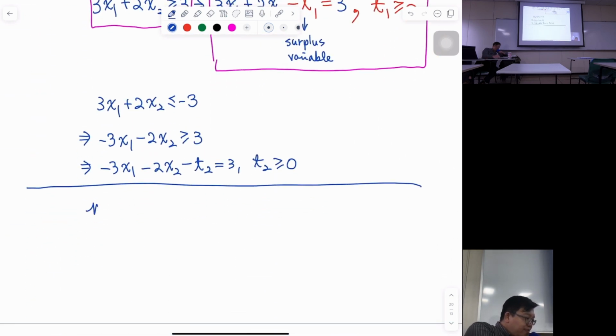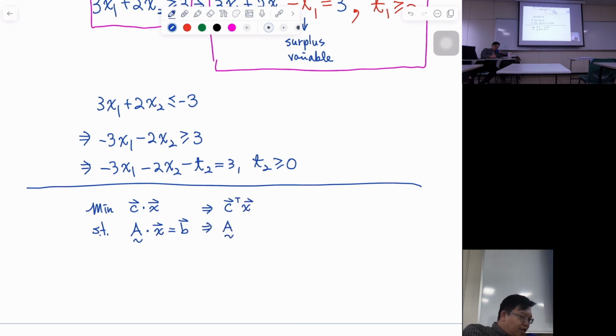So we have minimize the vector of C dot product with X subject to a matrix of A dot product with your vector X equals to B vector. Okay? If I rewrite it as a matrix multiplication, then it's like C vector transpose X, and this is like A multiplying X equals to B. If you enjoy matrix multiplication, then this is what you have at the end.